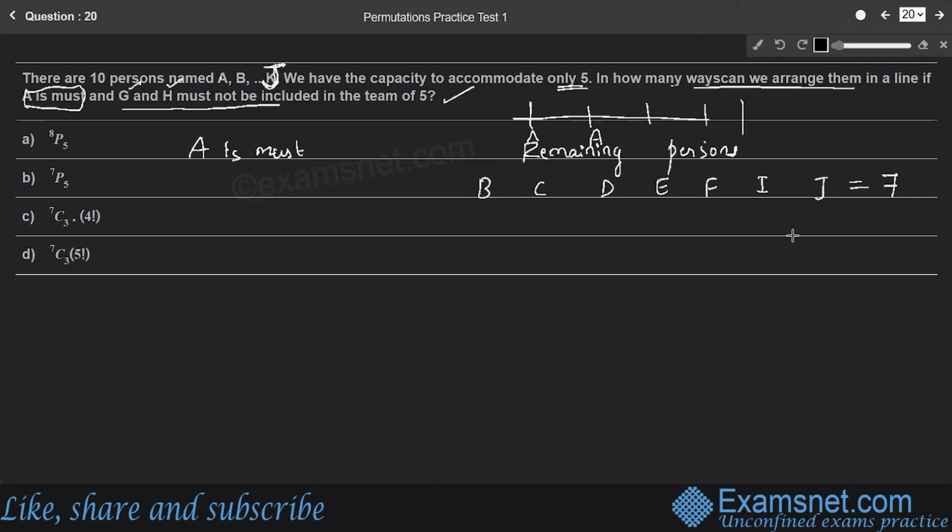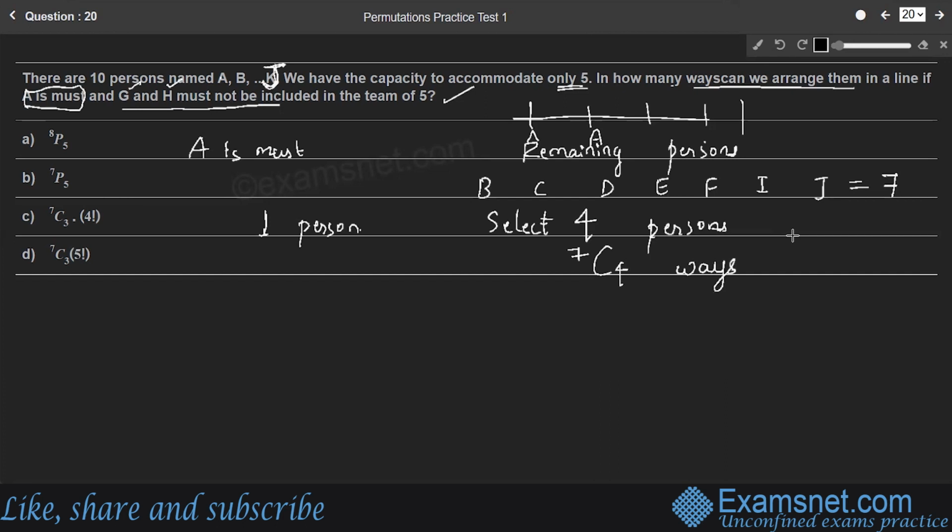So here A is a must, 1 person is a must, and we have to select the remaining 4 persons out of 7. In how many ways can these 4 persons be selected out of 7? In 7C4 ways.